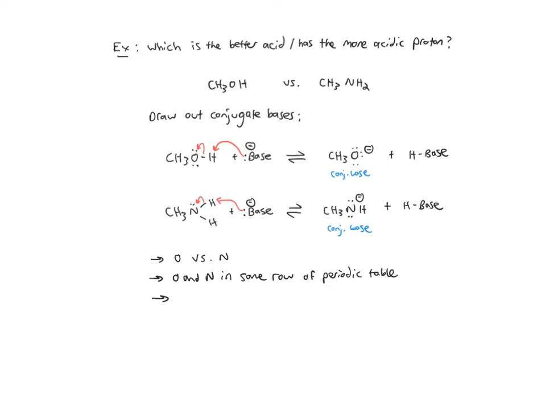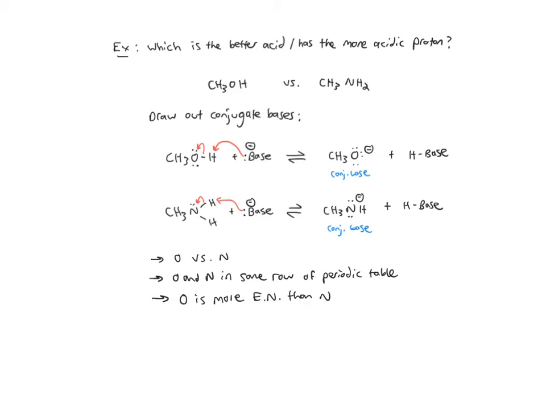And so for this, we're looking at the electronegativity. If we look up the values, oxygen is more electronegative than nitrogen. What this means in terms of getting that negative charge and stabilizing it is that oxygen, because it's more electronegative, is going to have more protons in its nucleus.